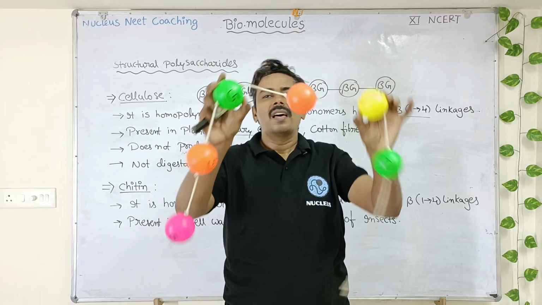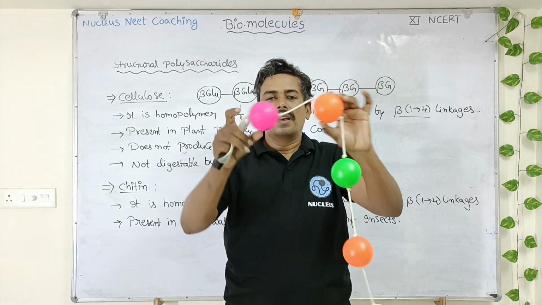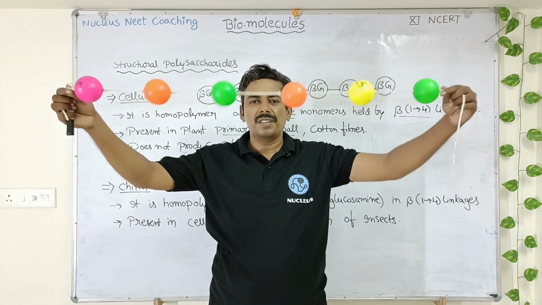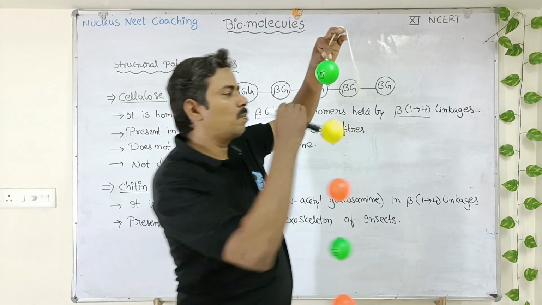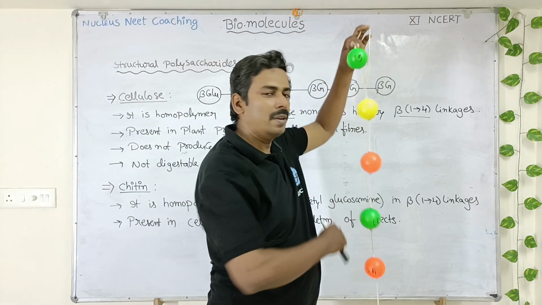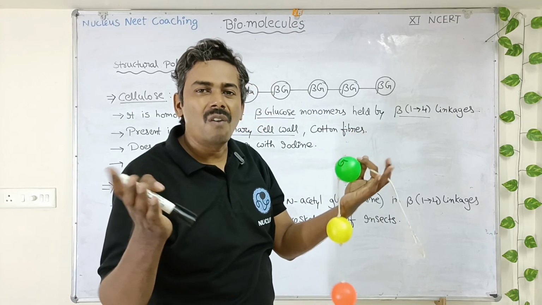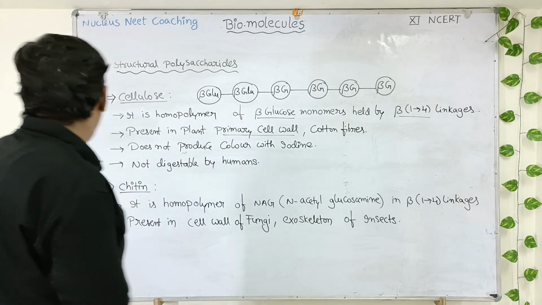This process repeats again and again to form a long chain of polymer which is called a cellulose fibril. So like this, cellulose is formed. If you break these beta 1 to 4 bonds, what monosaccharides will you get? Obviously we will get beta glucose molecules. Okay, now let's see other points.